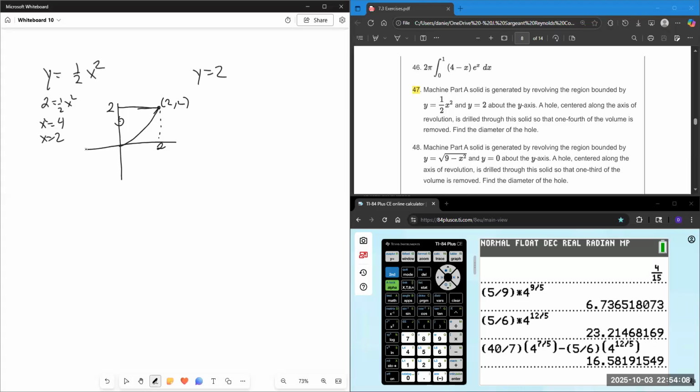I'm going to pick a representative rectangle that is parallel to my axis of rotation, so I can use my shell method, and this is going to be 2 pi integral as x goes from 0 to 2. The distance here is x, and now I have an upper minus a lower here, so that's 2 minus 1/2 x squared dx.